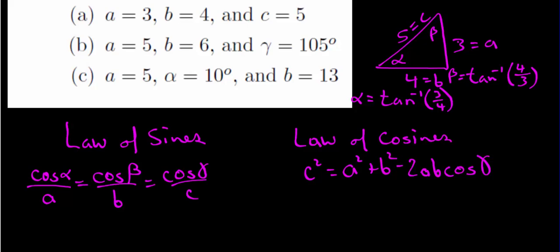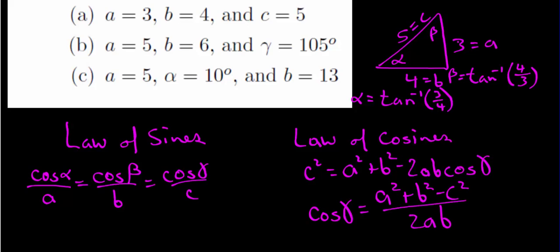Now, for these others, notice this down here, you could also rewrite this so that you have it set up where you can solve for the angle. Okay, so like that. You could set it up that way.